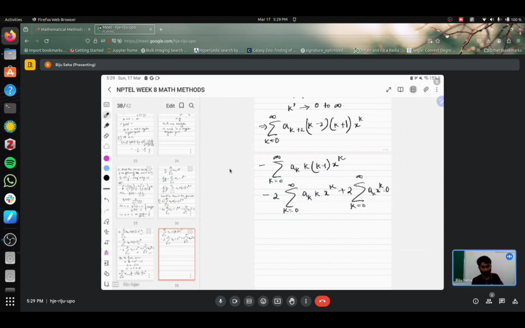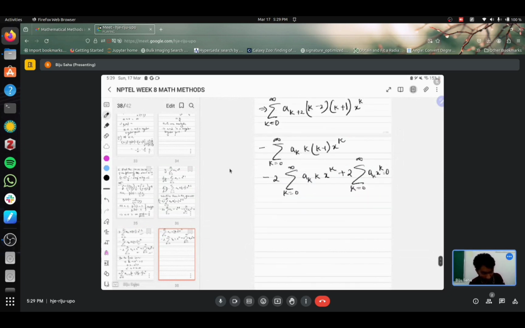So this is my new differential equation in terms of the power series. So easily I can take the summation outside and also the x to the k outside, and the inner term within the bracket would be this.